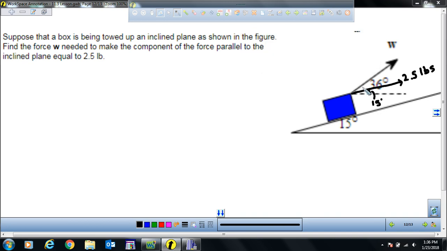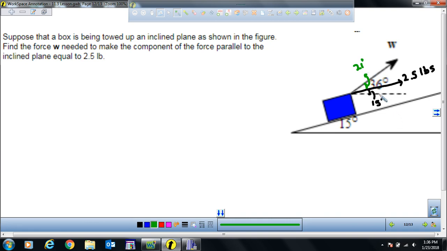We could take this 2.5 as if it was the horizontal component of this vector right here. Let's assume it to be the horizontal component. And so that angle would not be 36 anymore. If I get the difference of 36 minus 15, this angle would be 21 degrees, right?